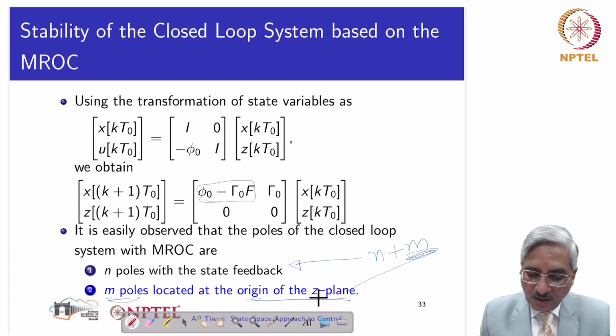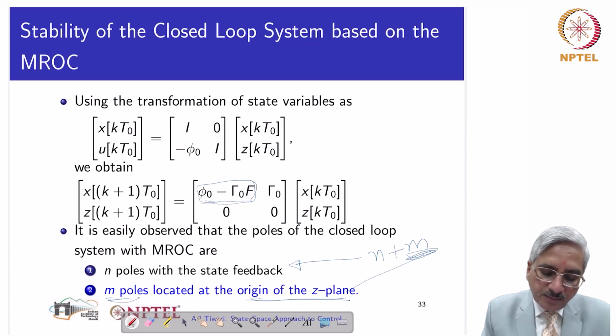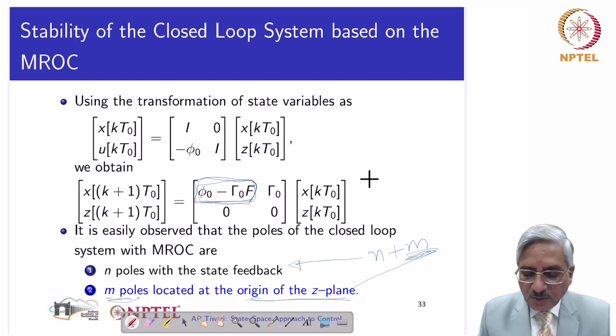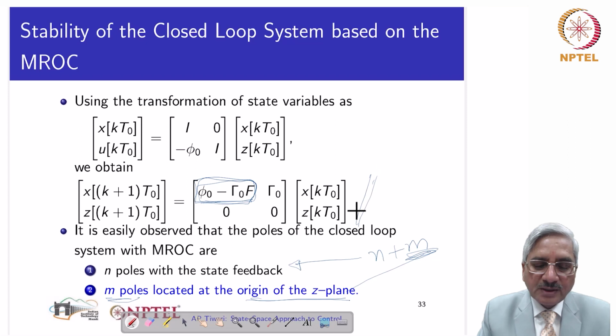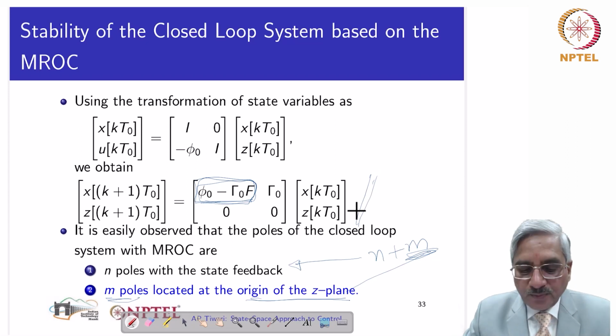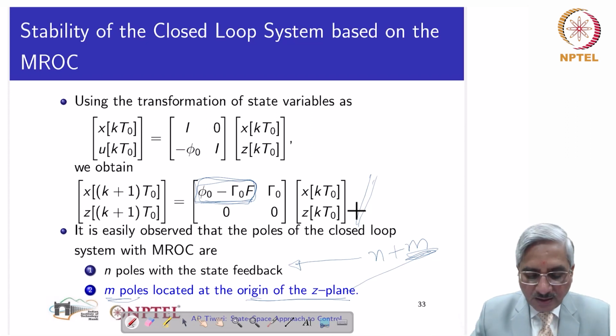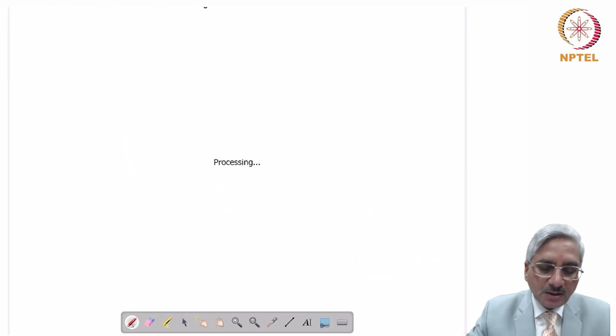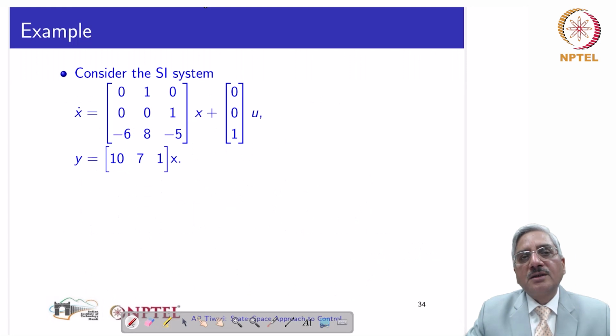That means that if the state feedback is designed so as to stabilize the system, then the closed loop system based on the multi-rate output sampled controller will also be stable. So the only condition is this. This is an important result about the stability of the MROC.